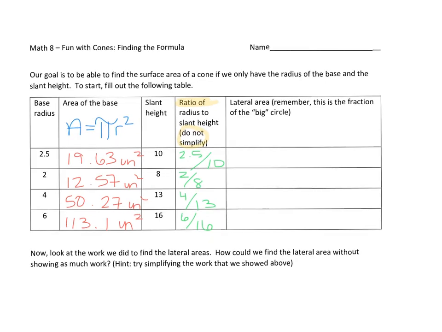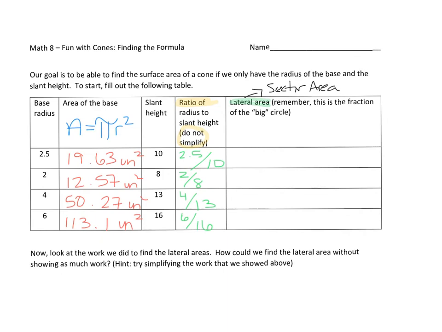Next, we're going to find the lateral area. If you remember from yesterday, that is the same thing as the sector area of the bigger circle, which we don't really have today, but we're trying to relate it back to what you've visually seen already. Lateral area is that piece or sector from a bigger circle.